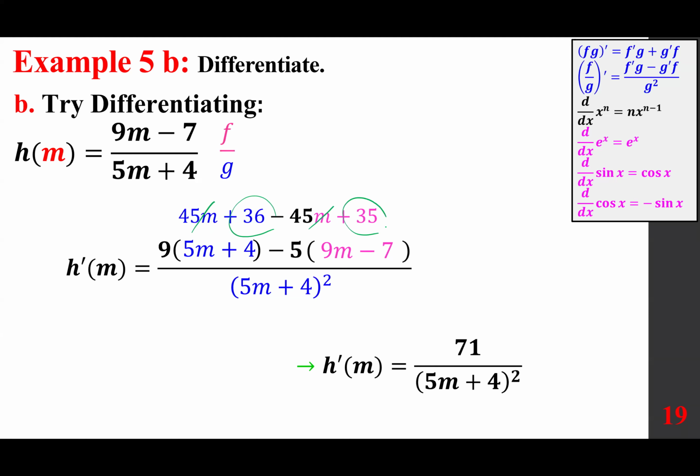We get 36 and 35. They add up to 71. So 71 over 5m plus 4, quantity squared. That's the final answer.